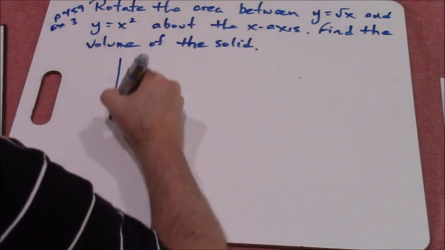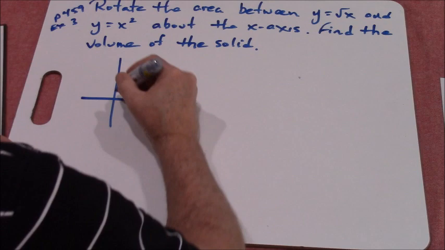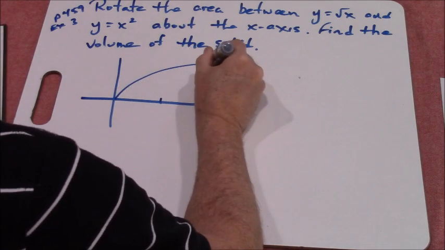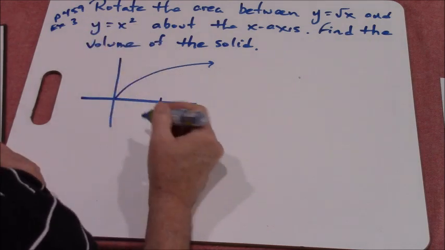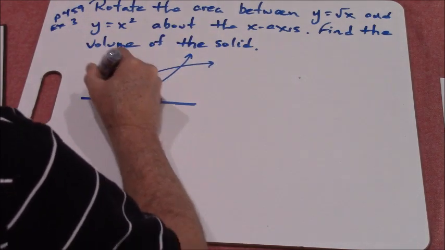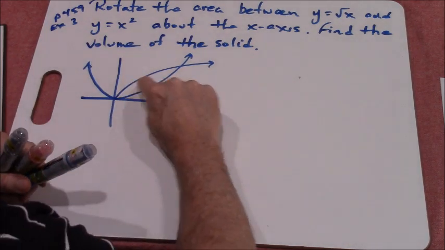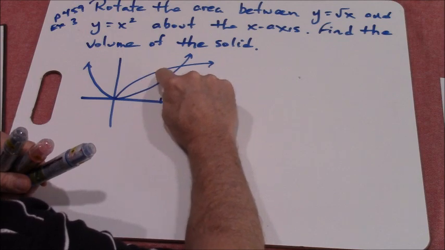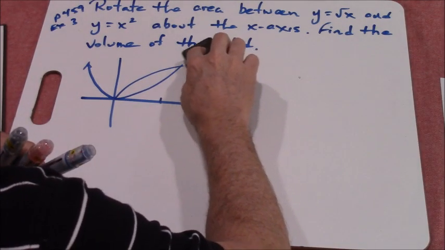So if I was to graph y equals the square root of x, that would be a curve that goes like this. If I graph y equals x squared, that's a parabola. But the part that I'm interested in is just this area between these two curves right here. So I'm going to go back and erase part of this.